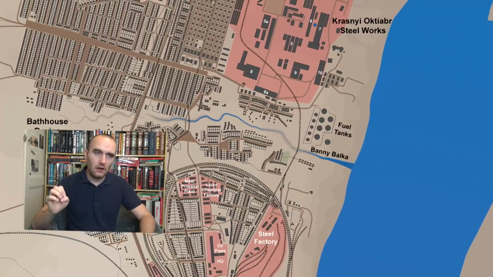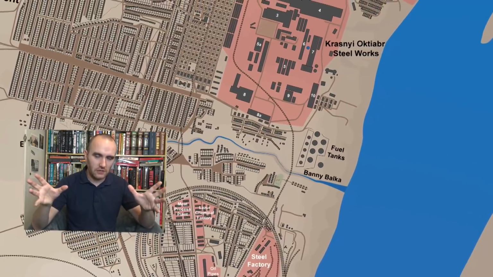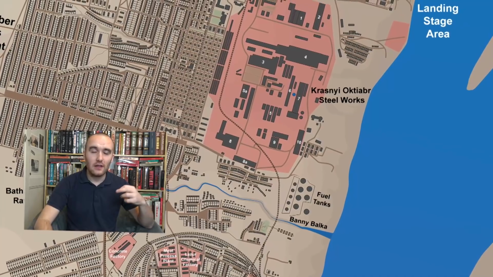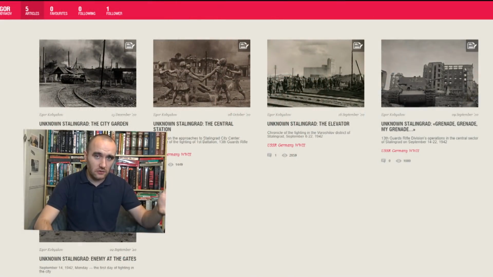Now, Igor has apparently got a team of Russian historians working on other things. They've in fact got a bunch of articles out right now, which Anton Jolly has translated into English, so you can have a read of them. There's 5, I think, at the minute. If you want to read through them, all on Stalingrad, again, link in the description.